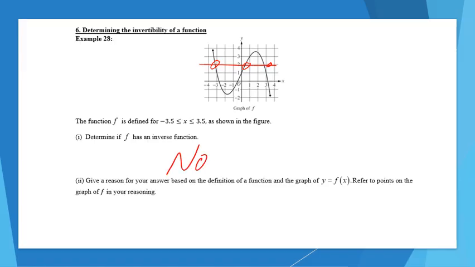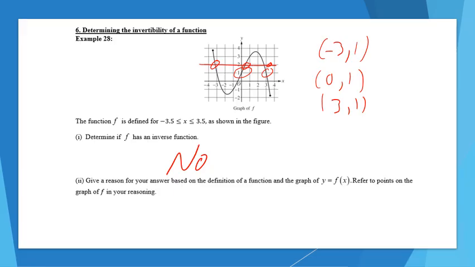Give a reason for your answer based on the definition of a function. Refer to points. So here you only have to reference 2 points. So we could say 0, 1 and 3, 1. There's also negative 3, 1. So either one of those, as long as you have 2 of those, that works. You could have 2 of other points too, but I like to choose integer coordinates because it's nice and easy.